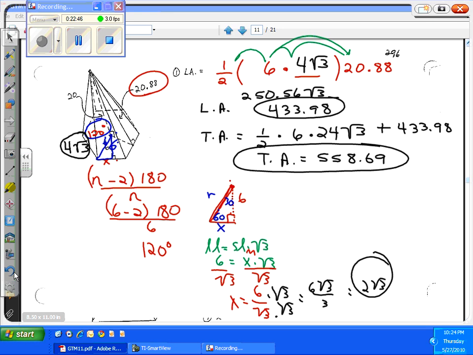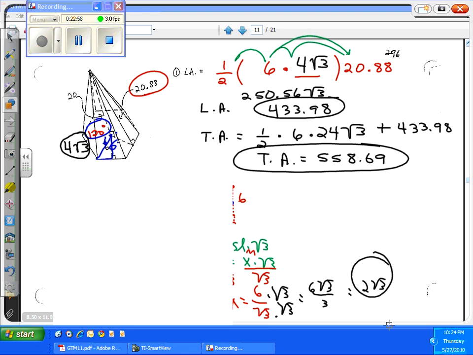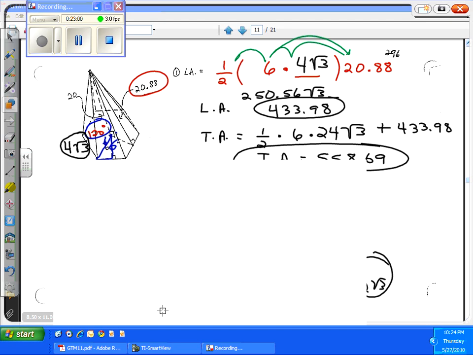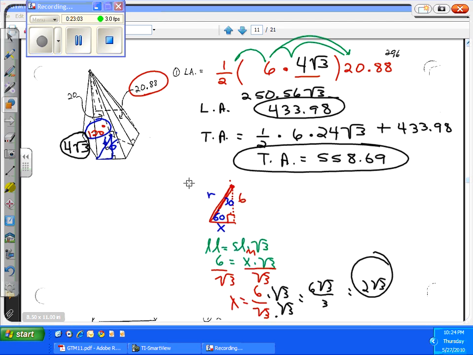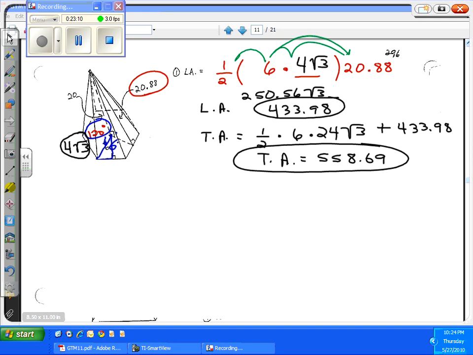Okay. Volume. Find the volume. It's 1/3 of what it would have been had it been a prism. Had it been a prism, it would have been the area of the bottom, which is 1/2 times apothem 6 times perimeter 24 square roots of 3 again.